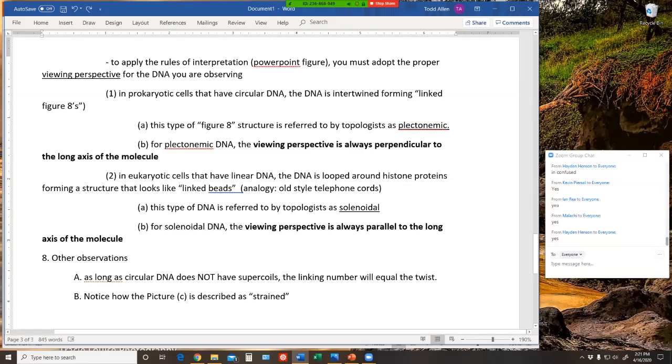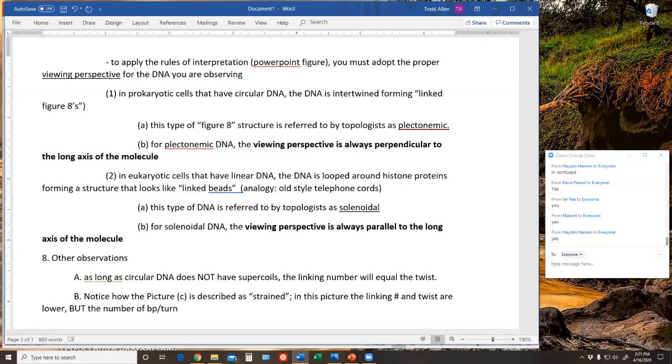In this picture, the linking number and twist are lower, but the number of base pairs per turn has increased relative to picture B. Okay?